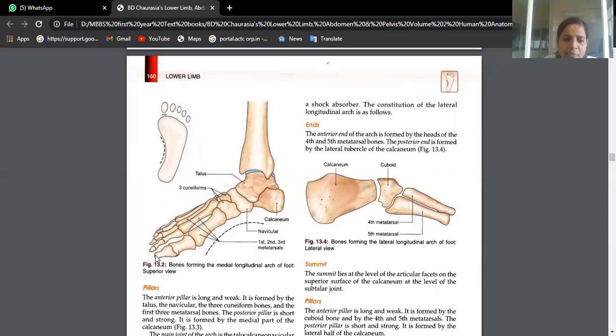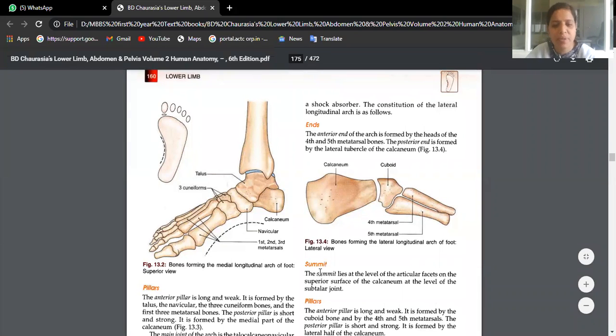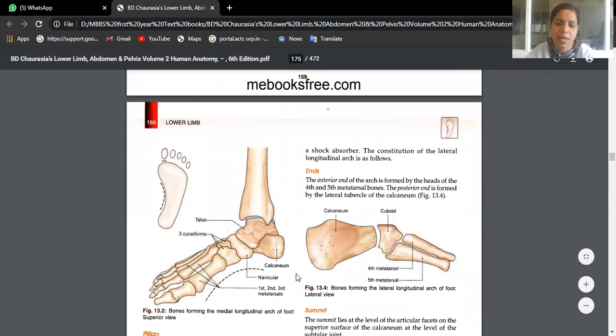We number them from the great toe or big toe, from medial to lateral side: first metatarsal, second, third, fourth, and fifth. Then we have the phalangeal bones, which are 14 in number, because the great toe has two phalangeal bones and the remaining toes have three each.